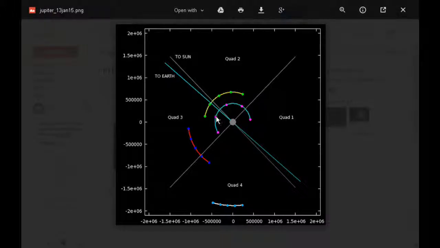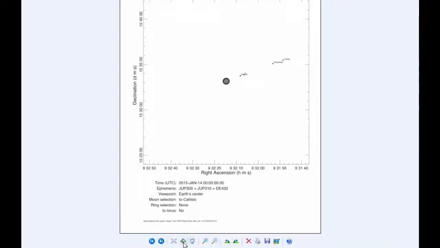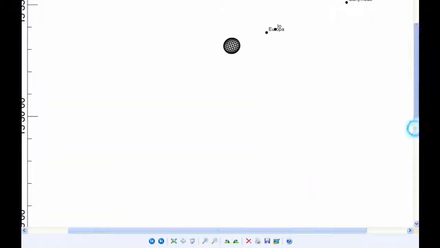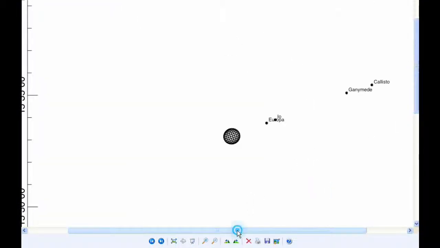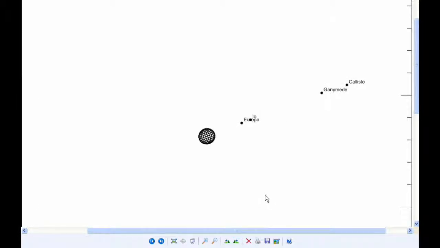Here you can see at 1800 hours, Io is past transiting, and Europa is just still transiting. And by 0 hours UTC tomorrow, Io's in quadrant 3, heading west, but near its western elongation. Everyone else continues on their same courses.